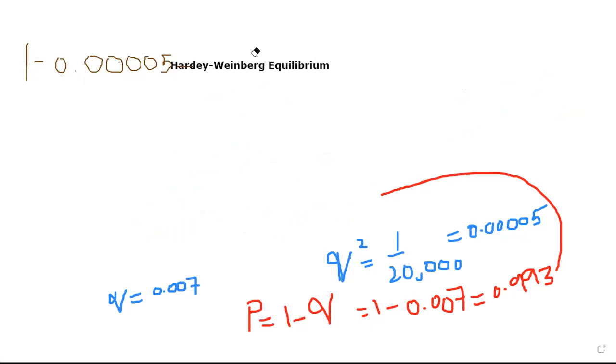Now you are finding out heterozygous, yes? Heterozygous is what? 2PQ, yes? So it is simple. You are going somewhere else. 2 is there, yes? Multiplied. What is the value of P?